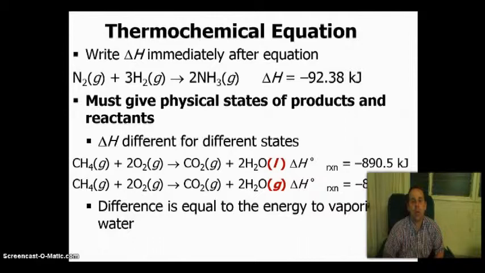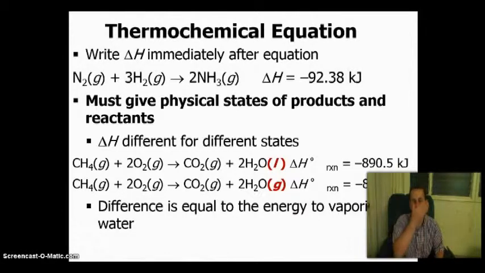And we have two scenarios, one where liquid water is formed and one where gaseous water is formed. You see that where gaseous water is formed, less energy was released to the surroundings, negative 802, as opposed to when the liquid water was formed, it was all the way up to negative 890.5 kilojoules of energy.